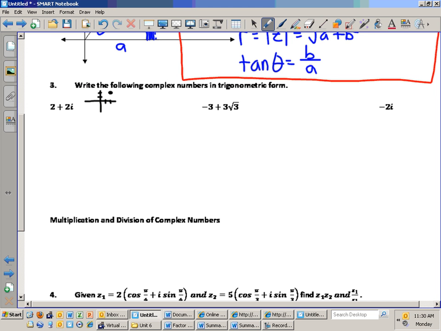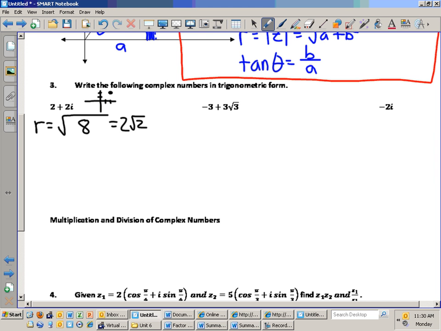Now, I need to come up with r, and r is equal to the square root of a squared plus b squared. What's a squared plus b squared? 8, which is equal to 2 square roots of 2. So I've got r. That wasn't that bad, was it?